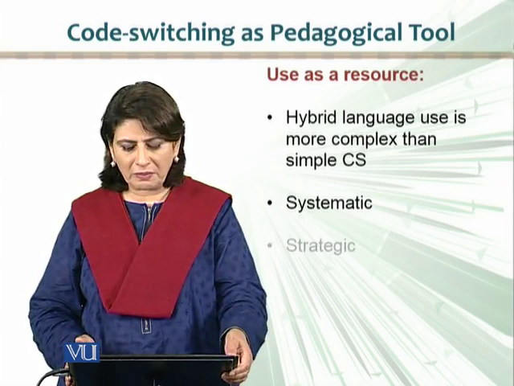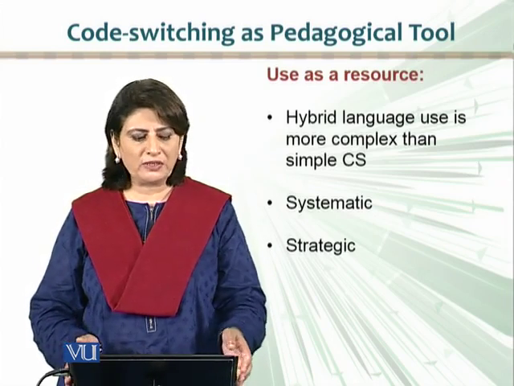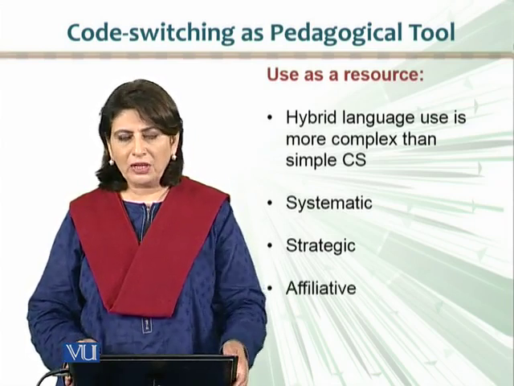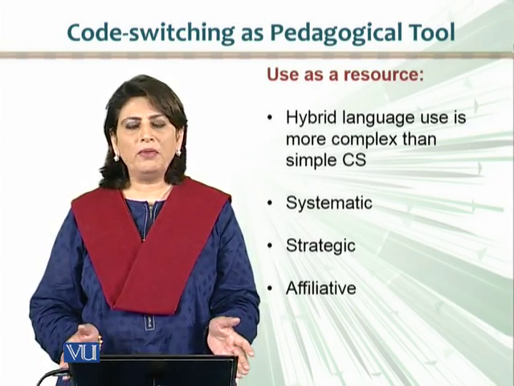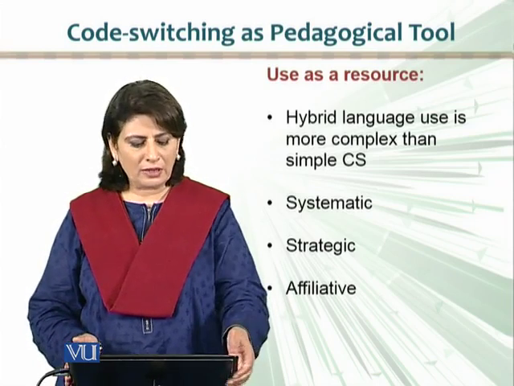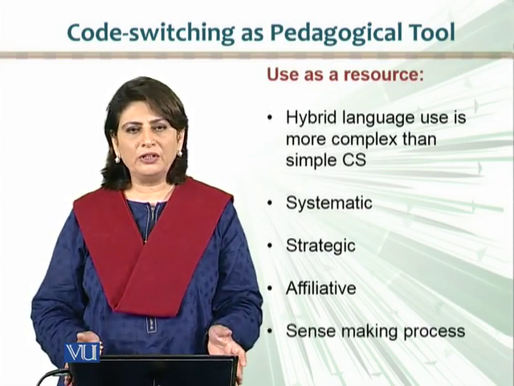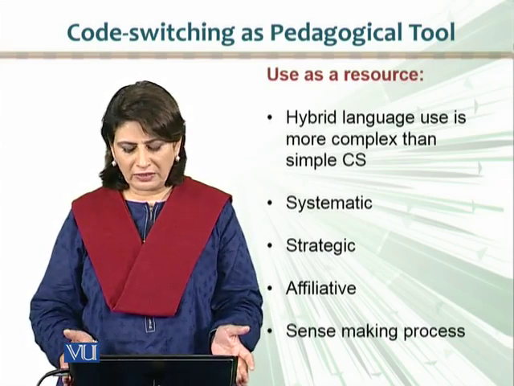So it is systematic, it is strategic, as we talked about at what point which language should be used, and it is affiliative, that is, it allows you to make connections across languages so that it is easier for the learners to develop that cross-linguistic understanding.